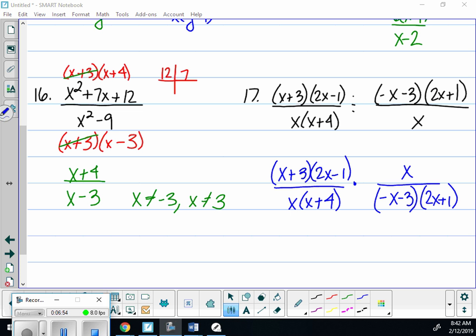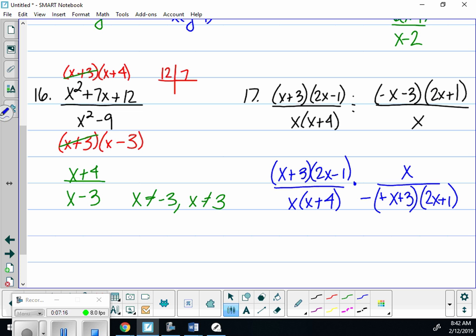Anytime you have a negative x inside parentheses, let's change that. Okay. So the way that we change that is to move the negative out front, which is going to change both signs of the inside stuff. Okay.